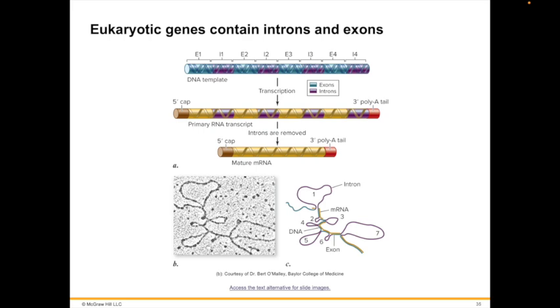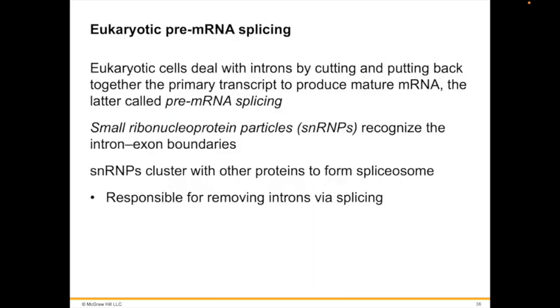So the intron-exon junctions are recognized by small nuclear ribonucleoprotein particles called SNRPs, which you see now here.